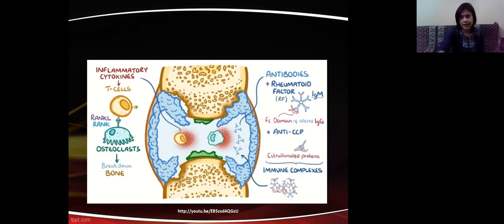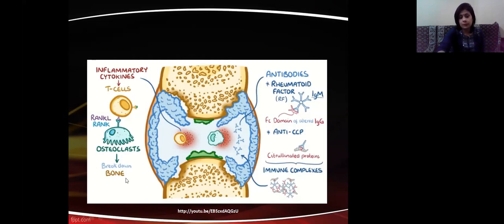Now this RANKL allows the T cells to bind with RANK protein which is present on the surface of osteoclasts. So after their binding, the osteoclast will get activated and start osteoclastic activity.